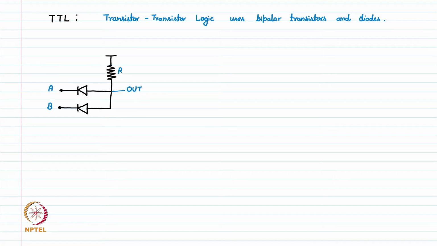This is a resistance R. Let us write the truth table for this gate. This is input A, this is input B, and here we have the output, when we apply both inputs as 0 0, 0 1, 1 0 and 1 1.